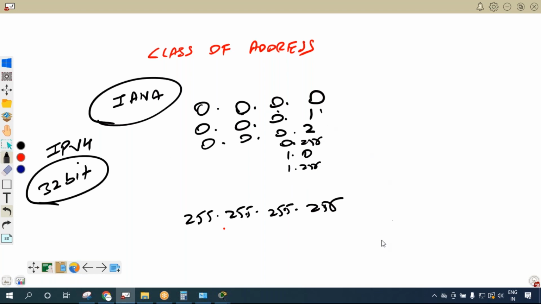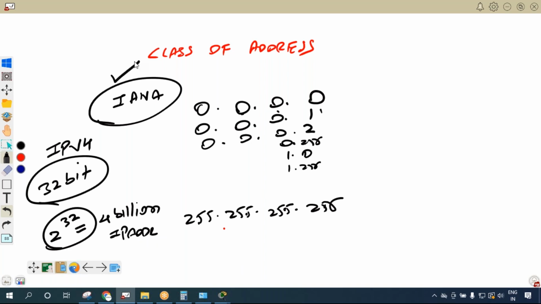If you create so many combinations, you get 2 raised to 32 IP addresses, which is more than 4 billion IP addresses. So many IP addresses IANA had. When the internet was created, when IP addressing was created, they were limited to this many IPs.